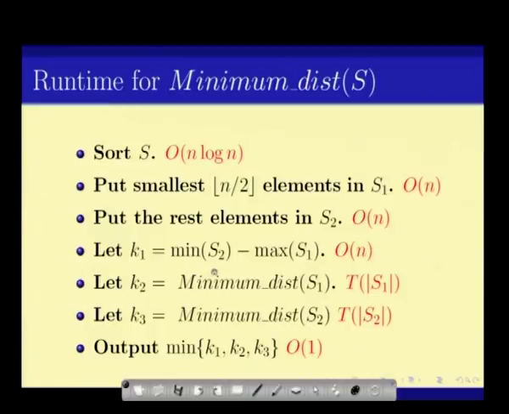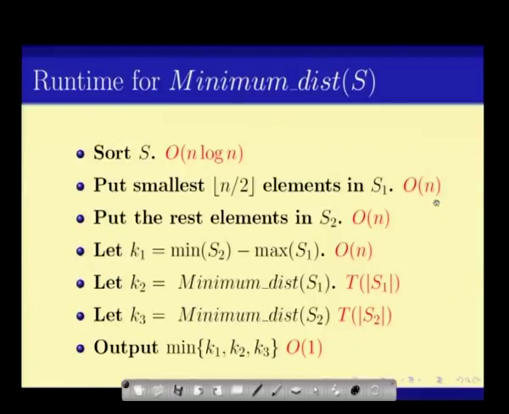Finding the minimum in S2 takes order n steps, and finding the maximum takes n steps. So finding the difference will take order n steps, and finding the minimum distance by the recursive call will take T of size of S1, and similarly for S2, T of size of S2. Finally, we take the minimum of these 3, which is just one single step.